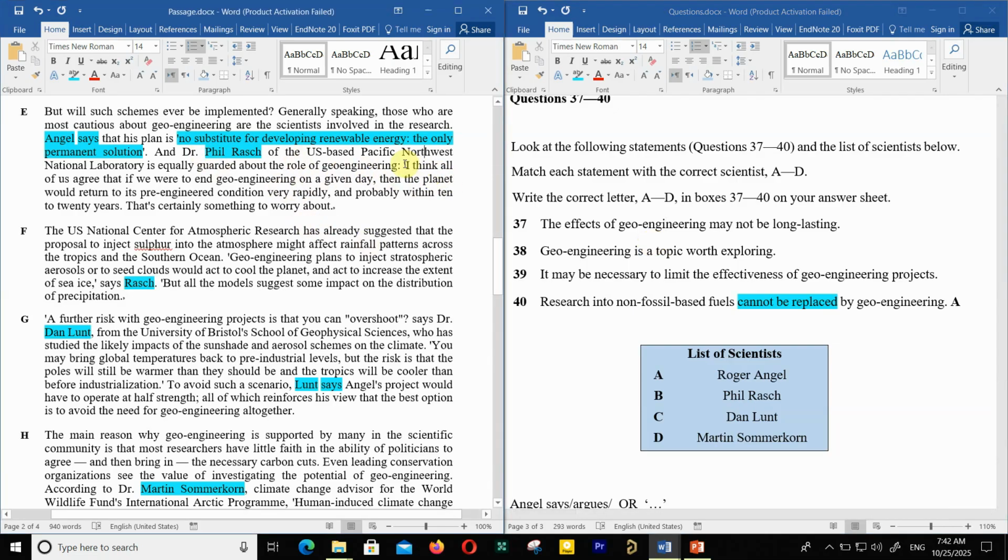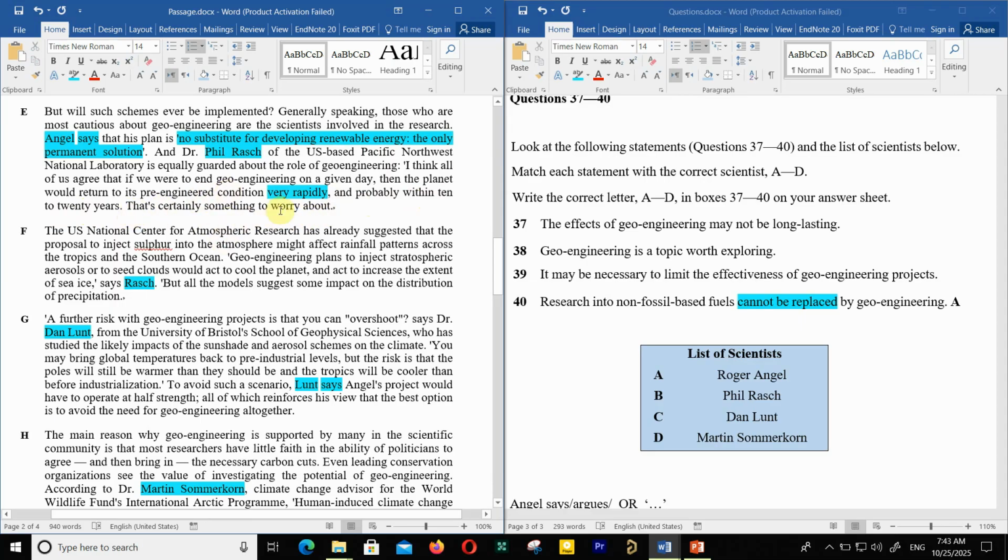But here: I think all of us agree that if we were to end geoengineering on a given day, then the planet would return to its pre-engineered condition very rapidly, and probably within 10 to 20 years. That's certainly something to worry about.